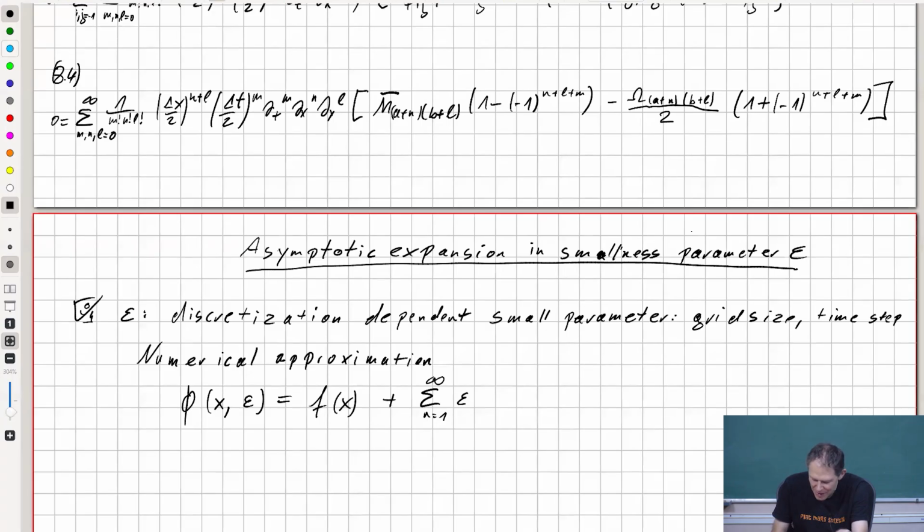It's a power series in epsilon, so epsilon to the power of n times constants En. And this phi is the approximation of a function that we cannot calculate. So this is the true function.